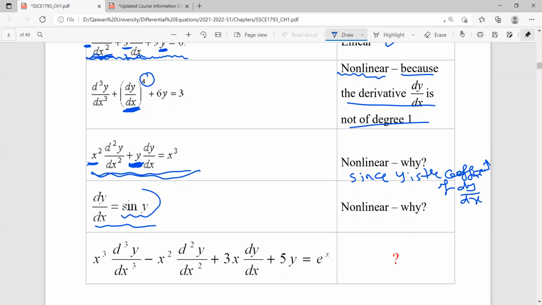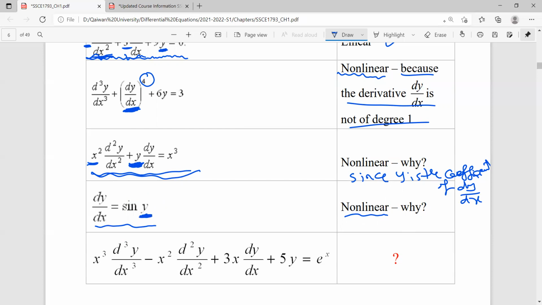Here, the degree of this y is not 1 because it's the angle of the sine function. So this differential equation is nonlinear.